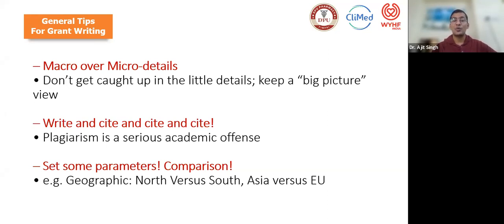Everything should have a citation. Plagiarism is a serious academic offense, so please don't go for plagiarism. Don't just copy and paste whatever you are reading; write in your own words. But still you have to give credit to the author or the agency from which you are getting the text or sentences.